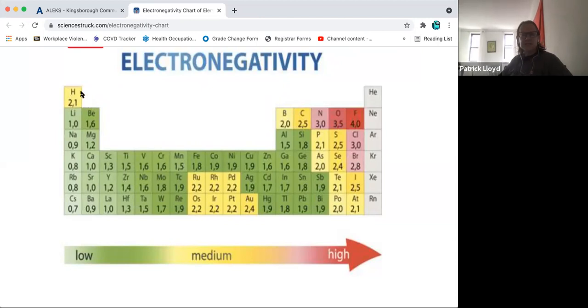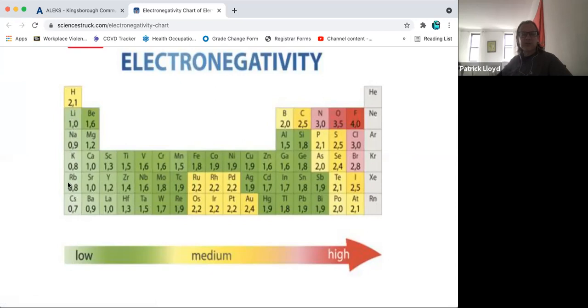Let's start at the top left with hydrogen. Hydrogen has a value somewhere around 2. And 2 is kind of an intermediate value. Notice that the metals below it are much lower, less than half. So it jumps down to 1 and then 0.9 and then 0.8. I notice there's commas in there, so this is probably European. But it's 1.0, 0.9, and so forth.